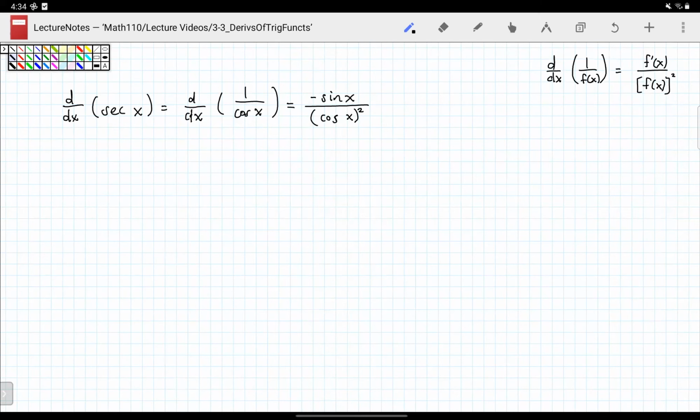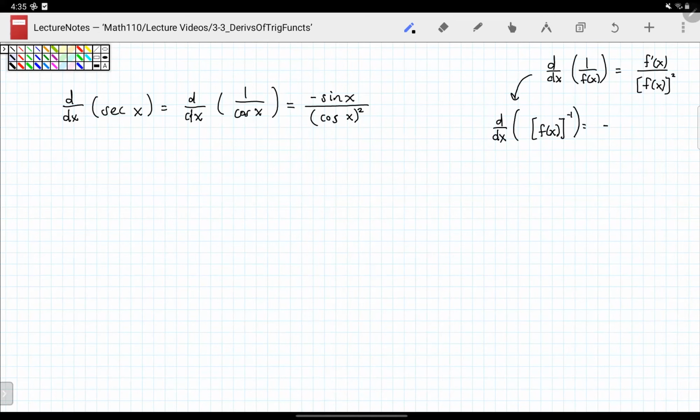My mistake. I went and quoted a rule without actually remembering it correctly. Let me do this as a chain rule. This is the same as the derivative of f of x to the negative first power.